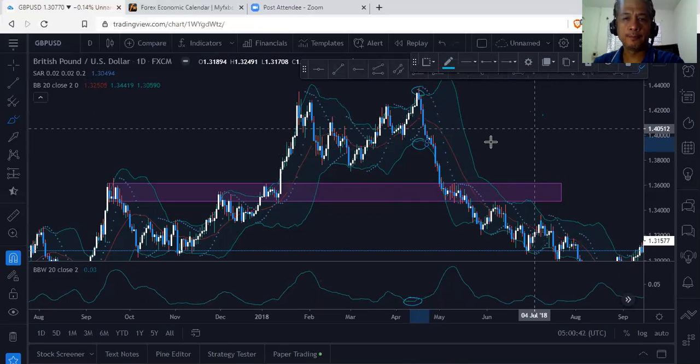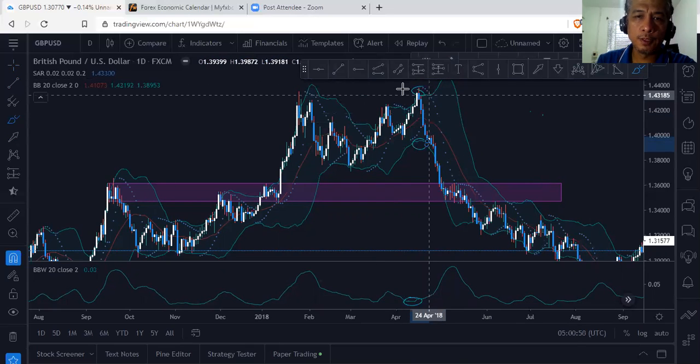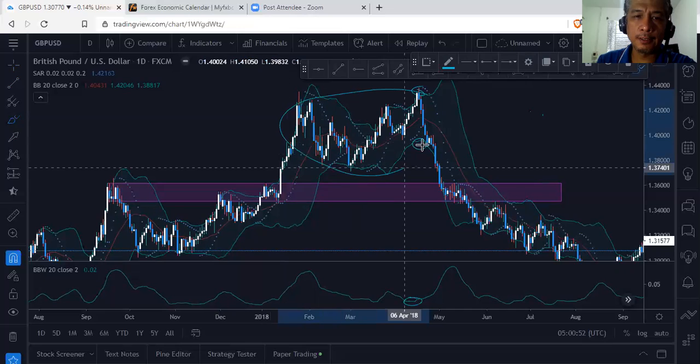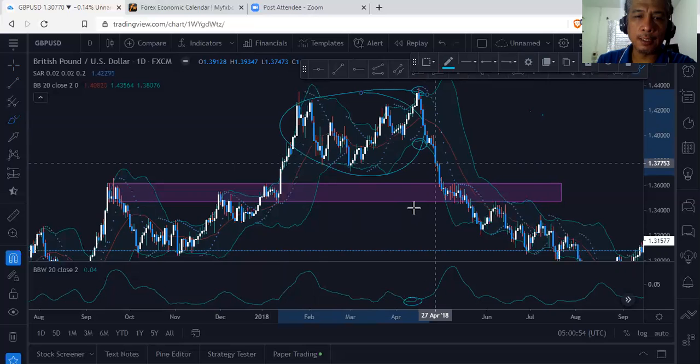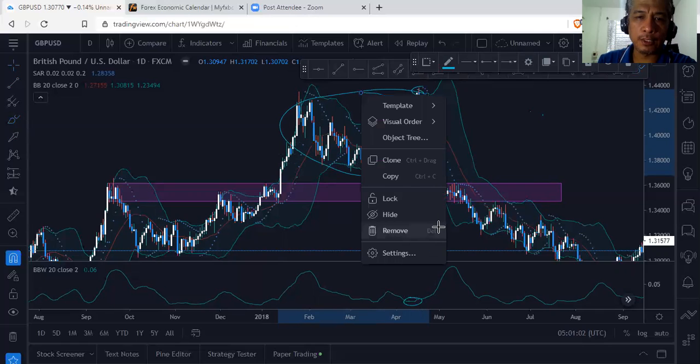See that? And you can see that in this location as a whole, the volatility is not really strong. So the volatility in this location is really not strong.